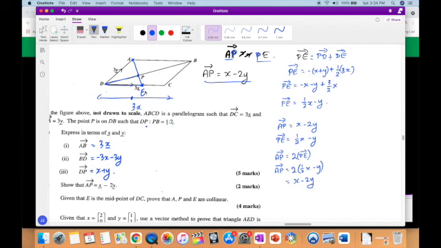For PE, I just used basic triangle law, and you will find that most of your vector questions, you'll just have to use a triangle law or a parallelogram law. So PE is PD plus DE. PE is minus x plus y plus a half of 3x. When I do the algebra, that boils down to PE being a half x minus y.